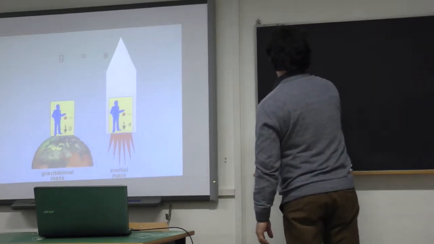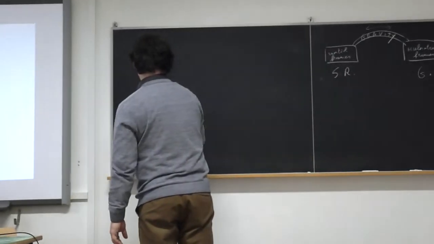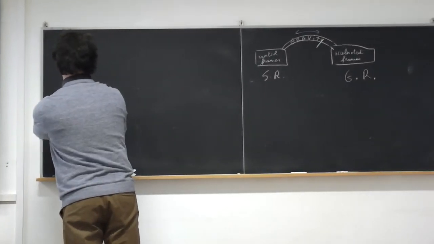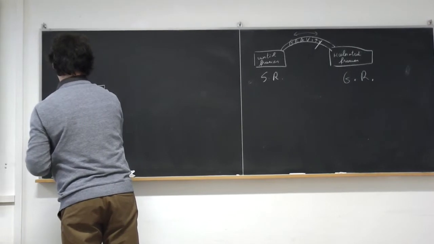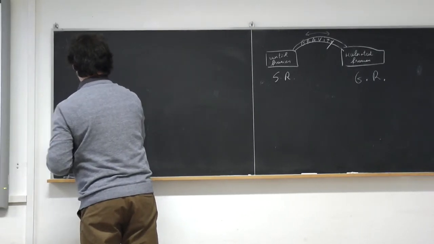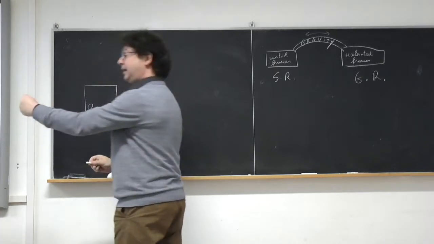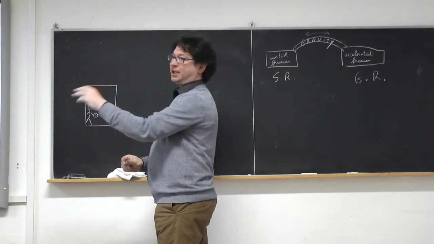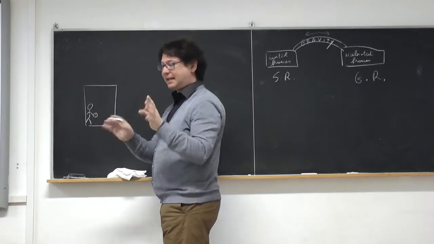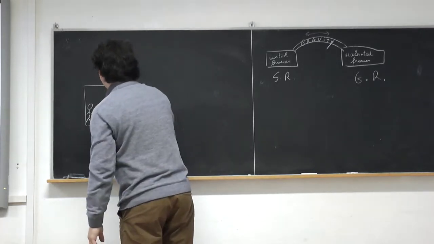So here the point is that you have a system with some observer in there, having an object, a material object for instance, in his hand. He drops freely that object without giving it a kick or anything at all.